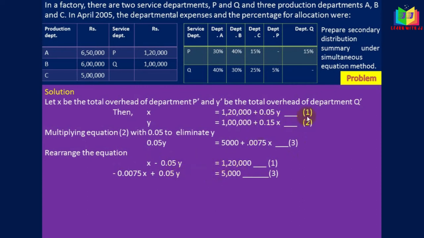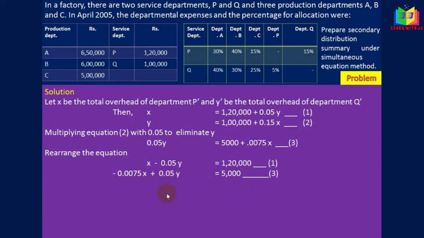In equation 1, we bring Y to the left-hand side, so it is X minus 0.05Y equals 1,20,000 on the right-hand side. Similarly in equation 3, we bring X to the left-hand side, so minus 0.0075X plus 0.05Y equals 5,000. Now we can eliminate Y, because here we have minus 0.05Y and here plus 0.05Y.